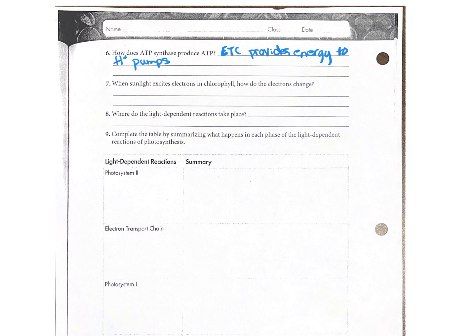Okay. So the electron transport chain provides energy to the proton pumps, which move protons across the membrane to make a concentration gradient.